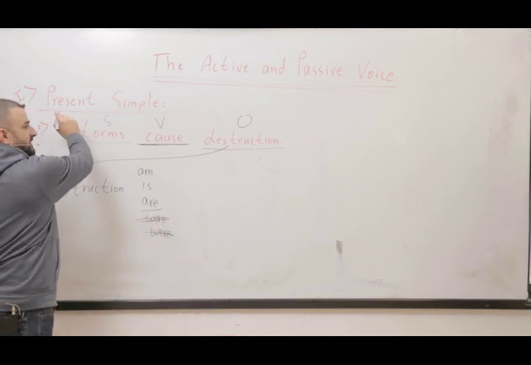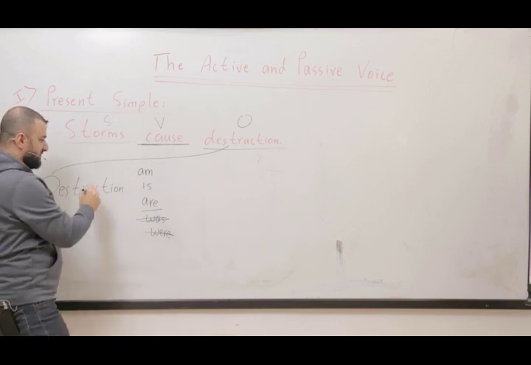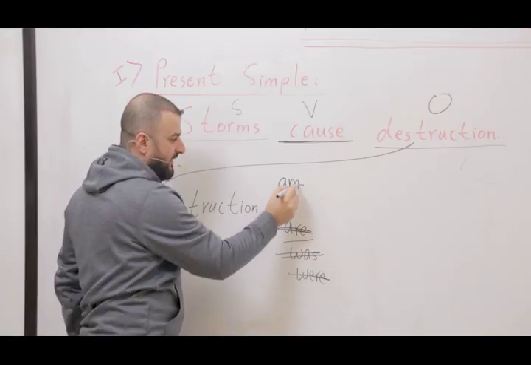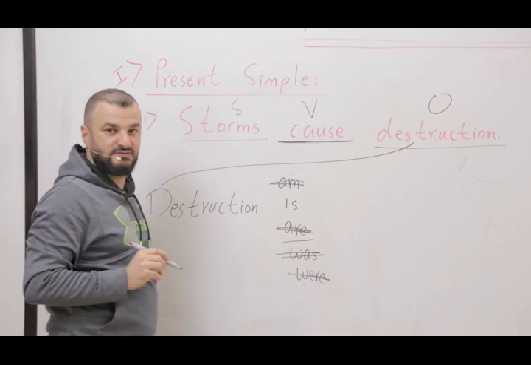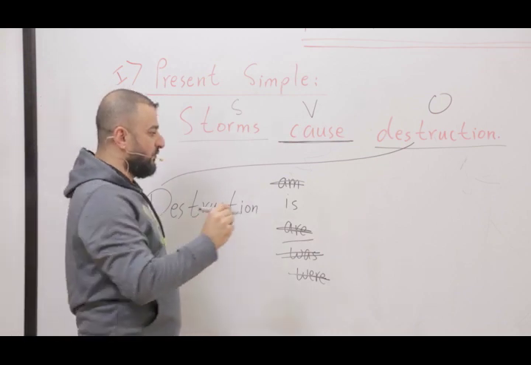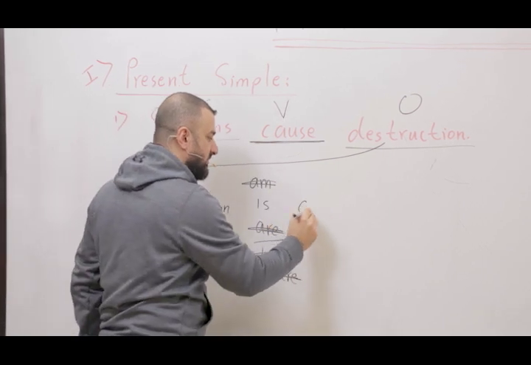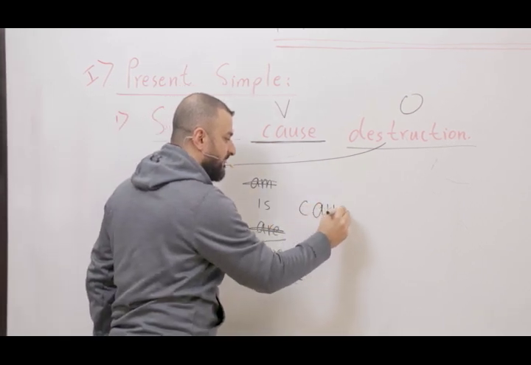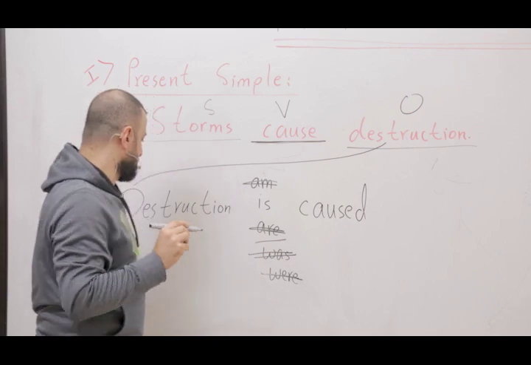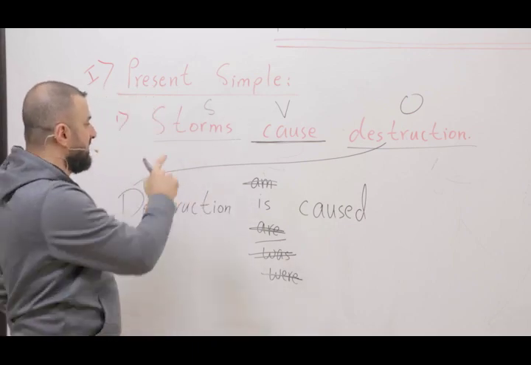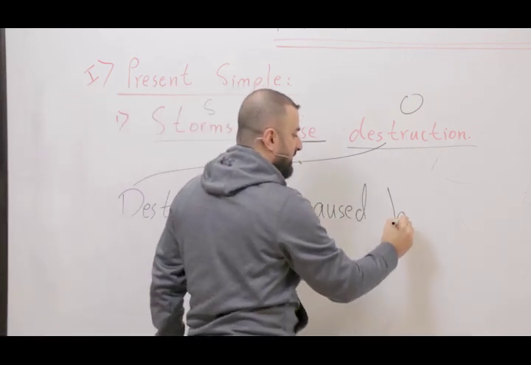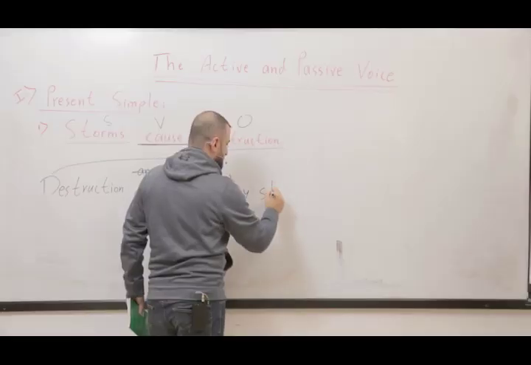Since we are explaining the present simple, we can delete are and am, so destruction is. Then we put the part 3 of the verb, the past participle, which is caused. So destruction is caused, and then we add by storms.